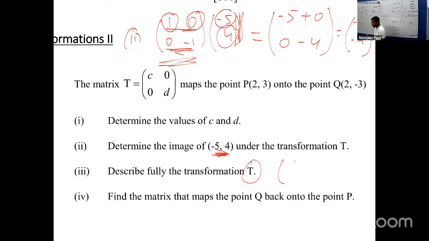The matrix is (1, 0; 0, -1). Look back to your list from the beginning. What is (1, 0; 0, -1)?